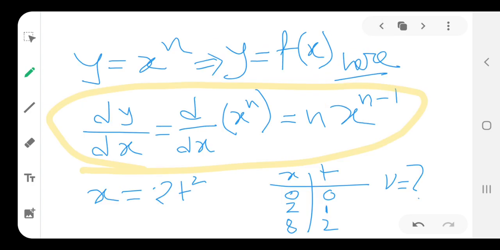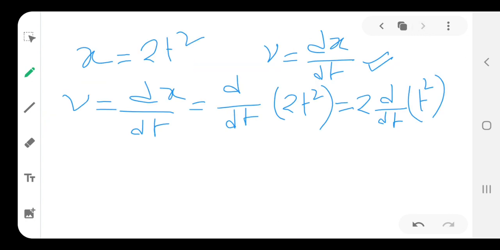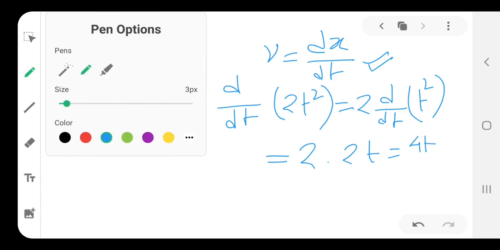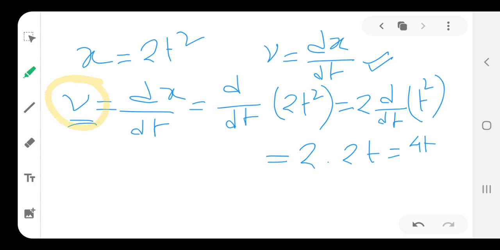Now using this formula n x to the power n minus 1, we will easily get 2 coming in front, t to the power 2 minus 1, so ultimately we will get 4t. So we can also see here, interesting thing, my v is also dependent on t.